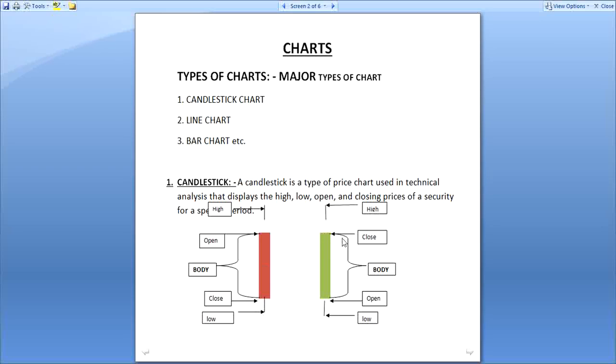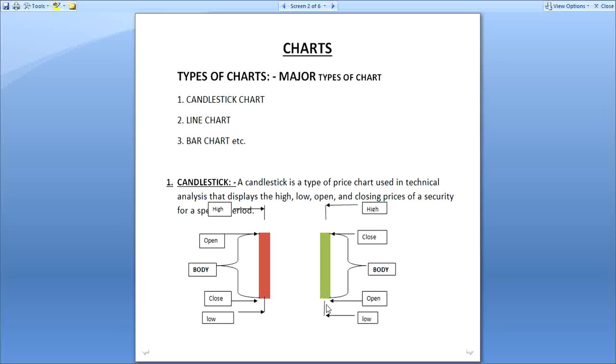So let's talk about the bullish candle. In a bullish candle, suppose it opens at 100 and makes a low of 90 rupees. At 9:15 it opens at 100 and goes down till 90 rupees.